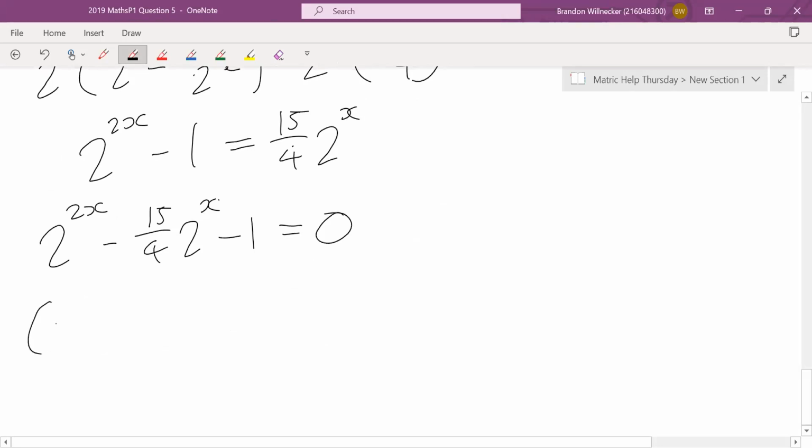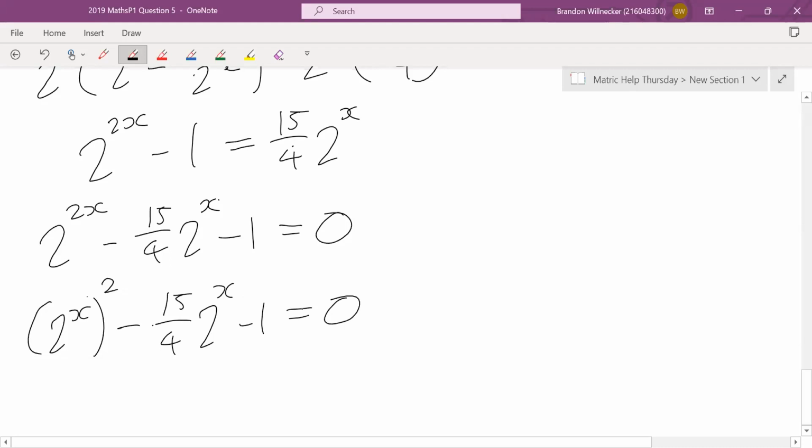So we can write this as 2 to the x squared, because we know if we take some exponential term and exponentiate it again, we multiply the exponents. So 2 to the x squared is just 2 to the 2x, which we had above. Okay, minus 15 over 4, 2 to the x minus 1 is equal to 0.